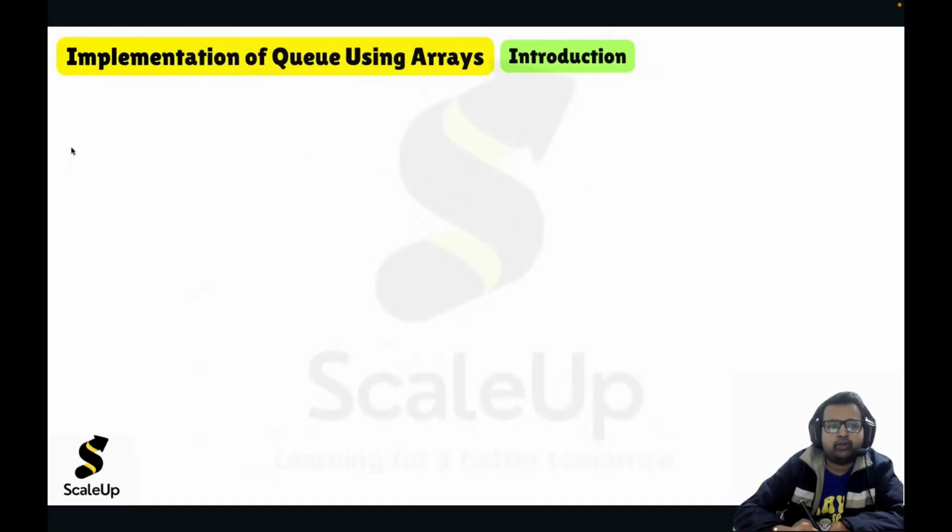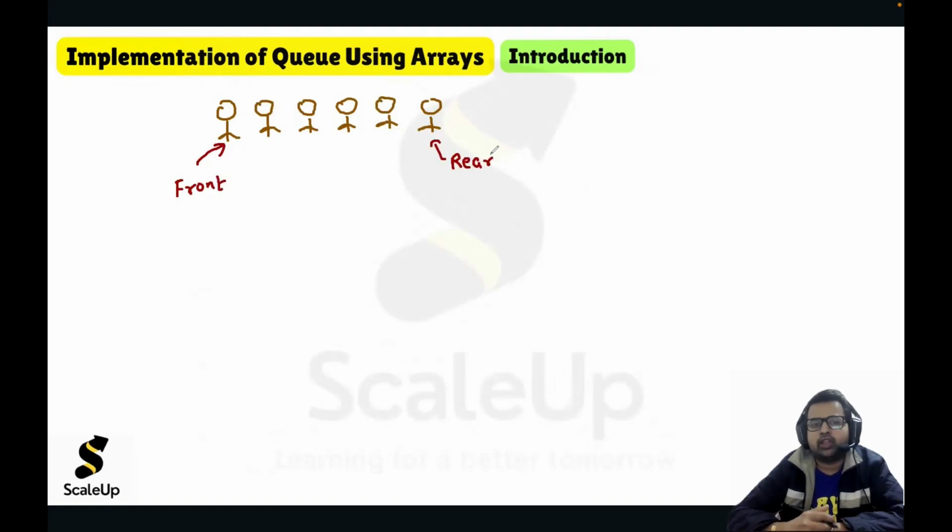We already know that in a queue, if I take a general queue, wherein a group of students are standing in a queue, any queue has two important things, the front and the rear. Only the front and the rear are the points of interaction.